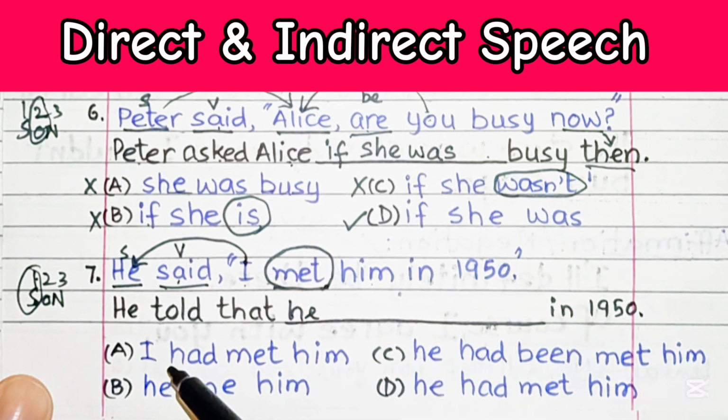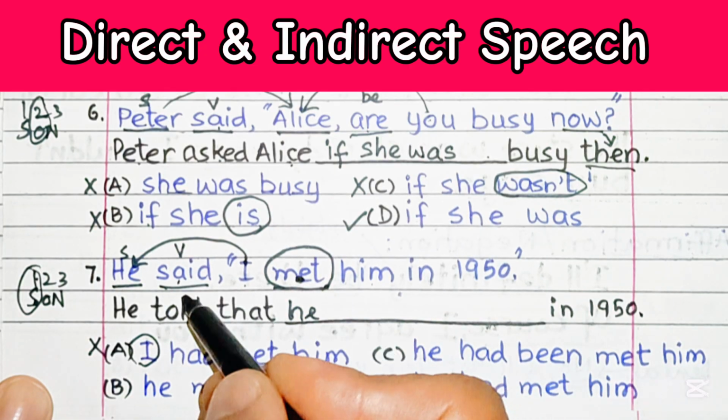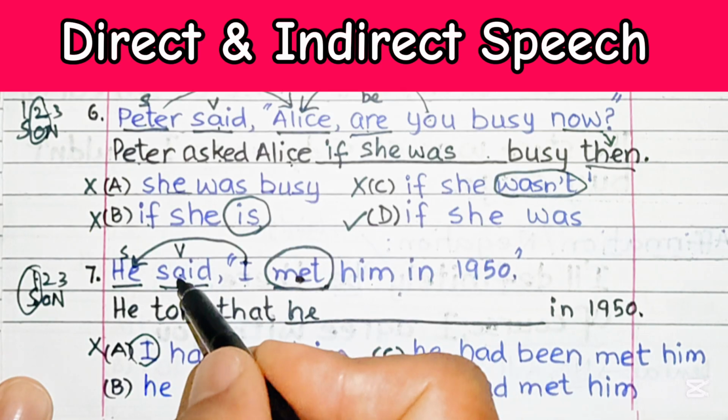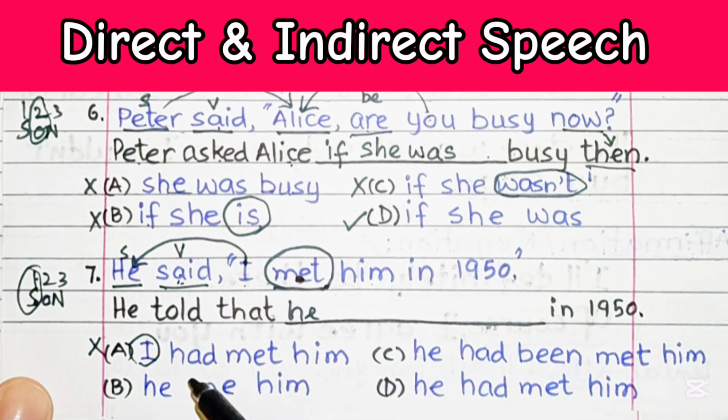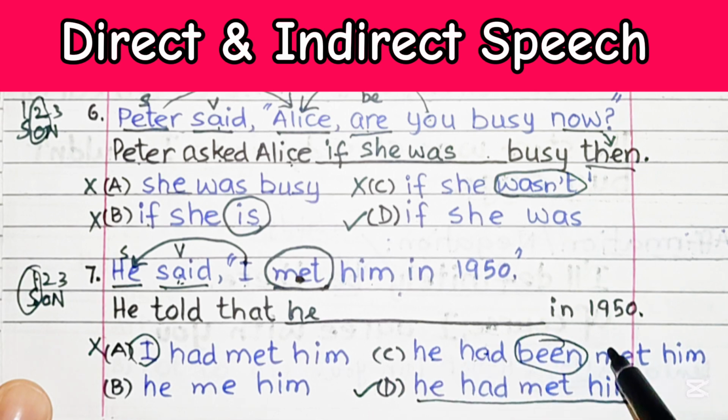So this is not going to qualify because this is having I, the rest of the three are having he. Then this is having met. So met is to be converted into past perfect due to double past because the reporting is also in past. He had met. So this looks the right option, because had followed by V3.